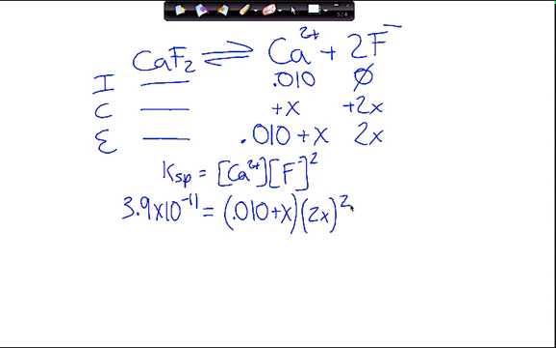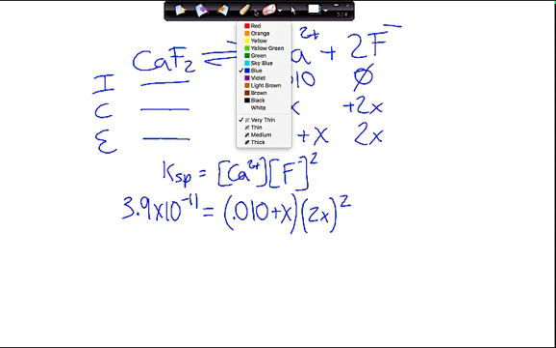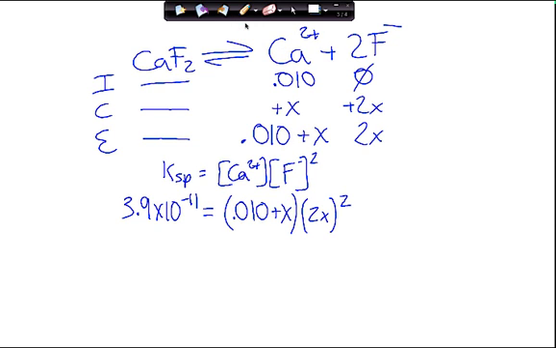Now we need to talk. What are we going to do to solve this? Yep. We can get rid of this. What does that X represent? The amount of calcium that is created due to the breakdown of calcium fluoride, which we've already demonstrated to be itty-bitty. It's 0.00021 molar. Compared to the initial 0.01 molar, that's like 1,000 times smaller. It doesn't matter.